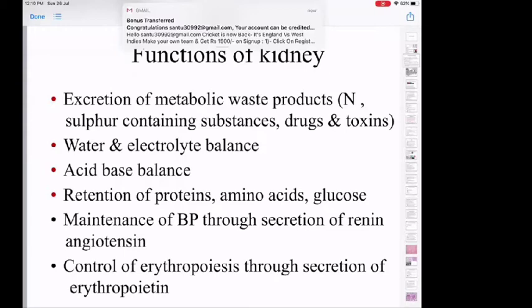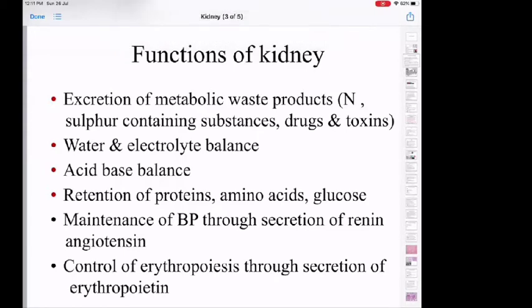If the retention of glucose is lost, then the patient develops glucosuria, mostly in diabetes, in which the blood glucose level is already high. In nephrotic syndrome, there is proteinuria, and aminoaciduria also occurs in many diseases. We will discuss later on.